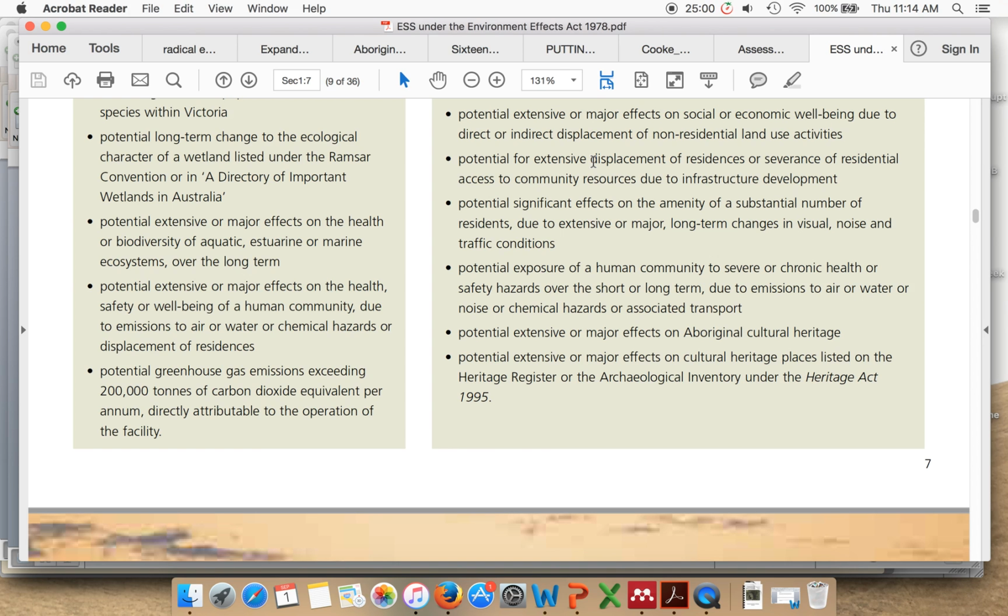And we call it social impact assessment. It's a way of bundling together a bunch of different things. So we look at amenity, we look at noise, we look at effects on human health and well-being, we look at effects on infrastructure, community infrastructure, housing, residential impacts, those types of things. We bundle it together.